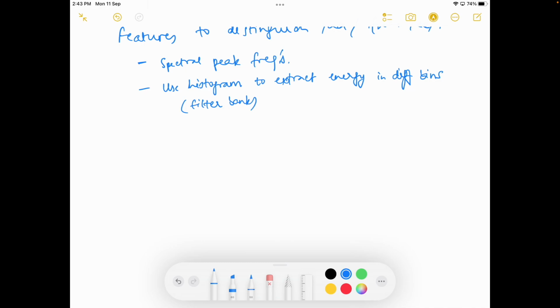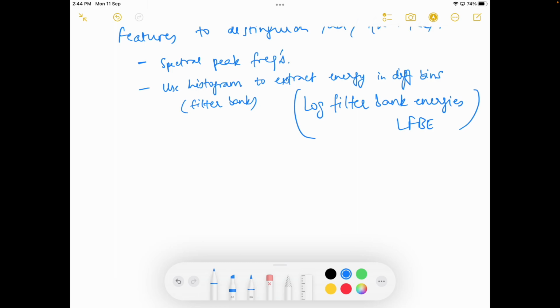So a feature which is very popular is called log filter bank energies, LFB, which is exactly the same thing. You have a filter bank on the log scale or mel scale. Mel scale is also a log scale. And energy means the output of that filter, right? That is the LFB feature. It's very popular and useful for speech recognition or distinguishing between different phonemes, right?